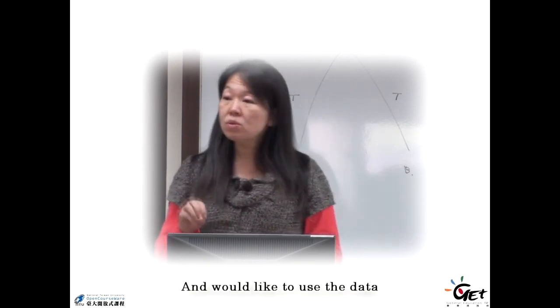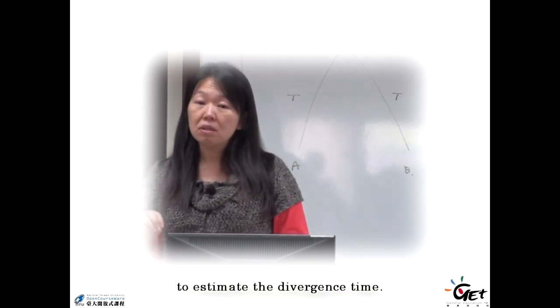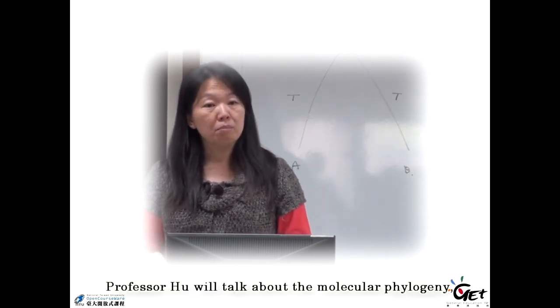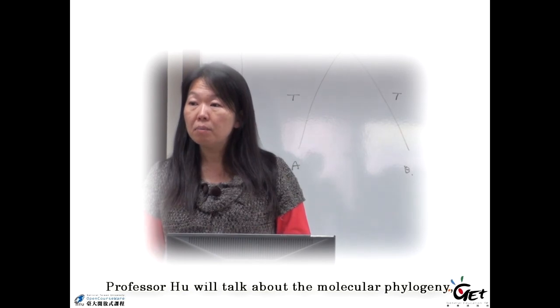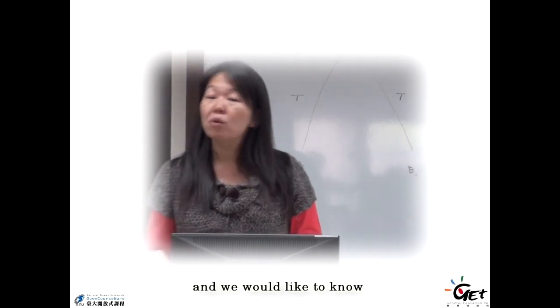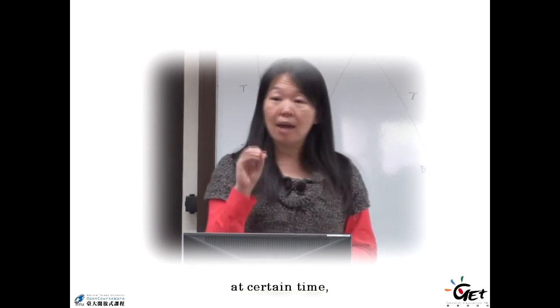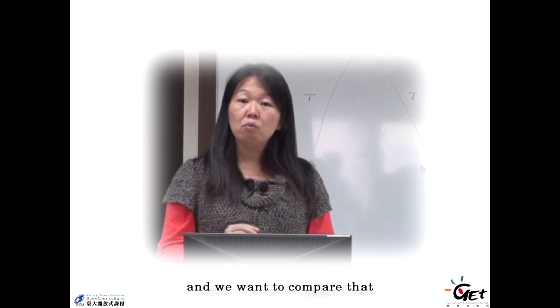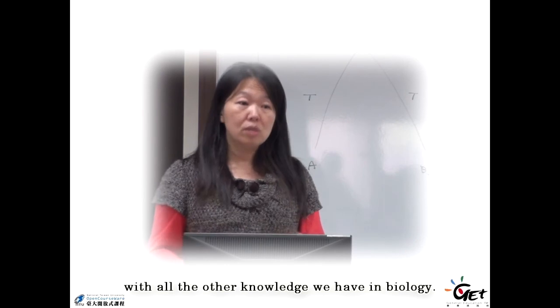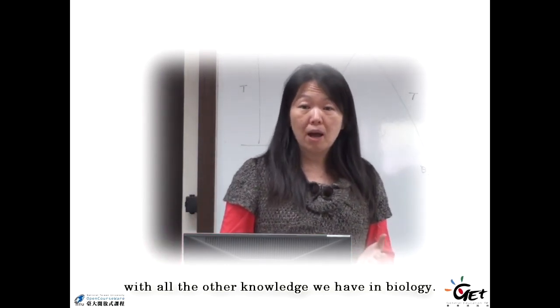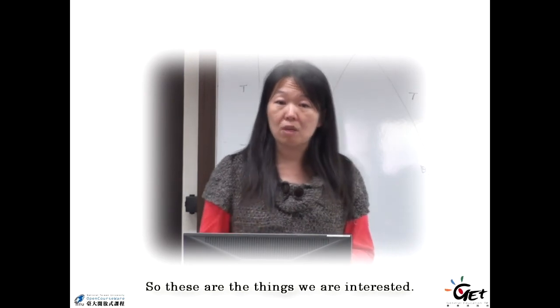And we like to use the data to estimate the divergence time. So very quickly, Professor Hu will talk about molecular phylogeny. We like to know that species A diverged at a certain time, and we want to compare that with all the other knowledge we had in the past in biology. So those are the things we are interested in.